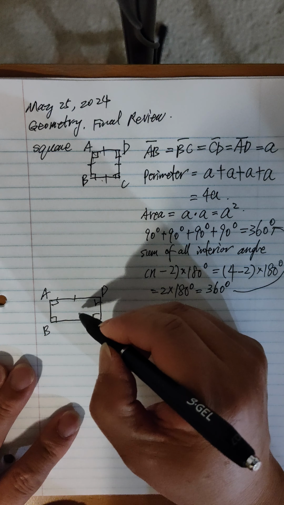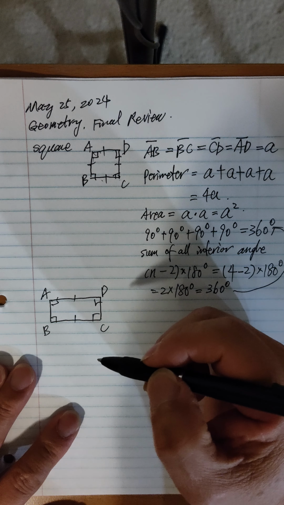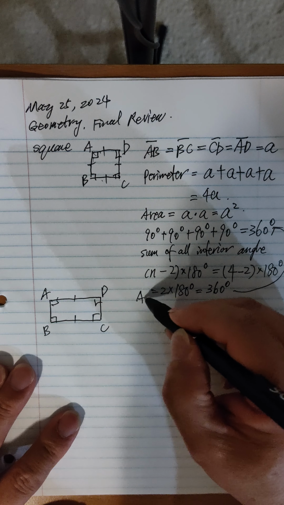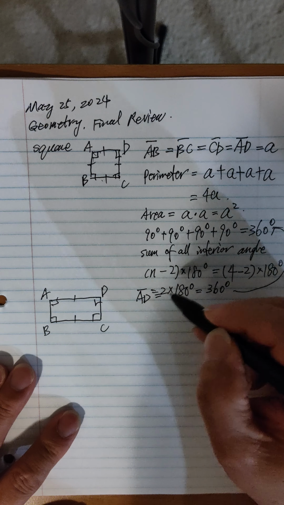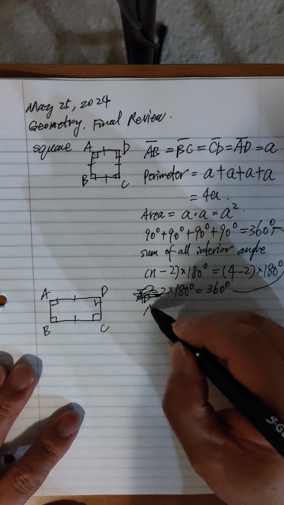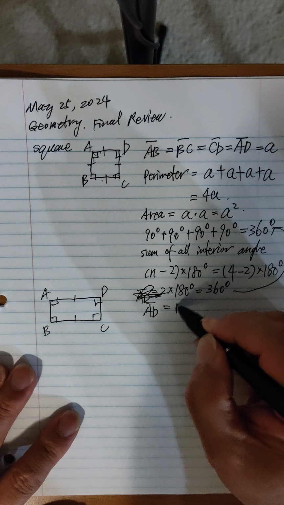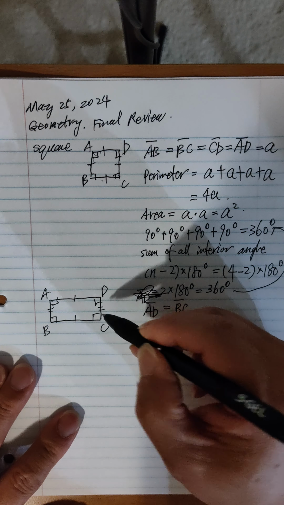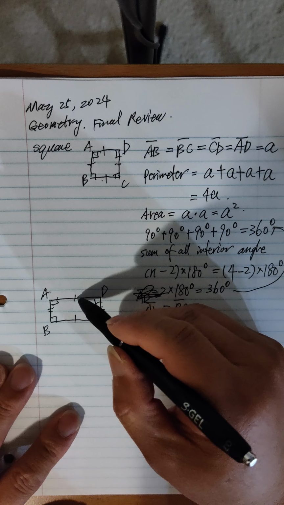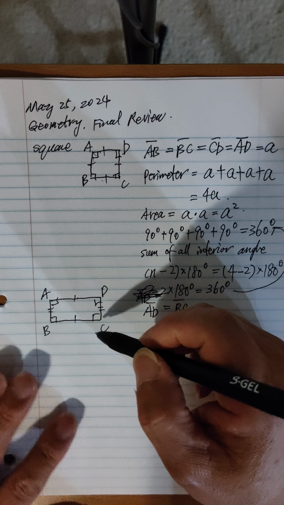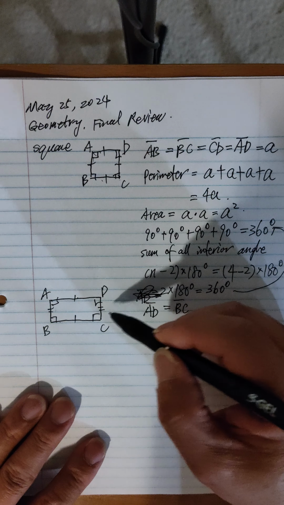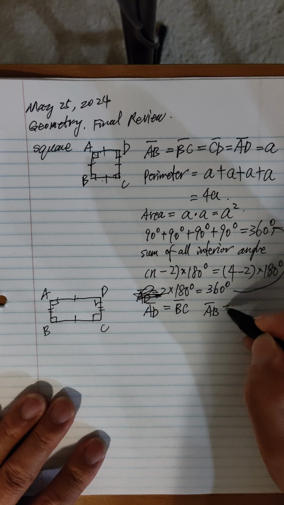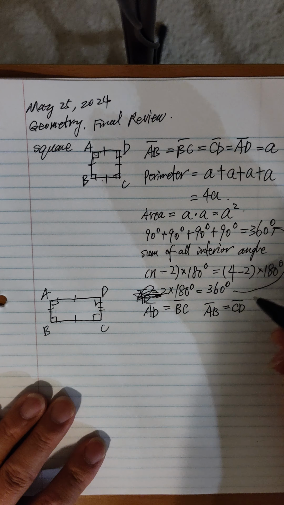However, notice when I use the one hash mark, it means AD is equal to BC. Those two sides are different from AB and CD, so that's why I use a different hash mark. In other words, AB is equal to CD.